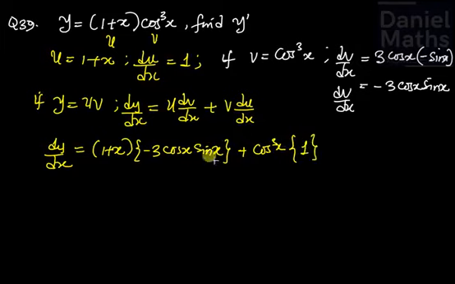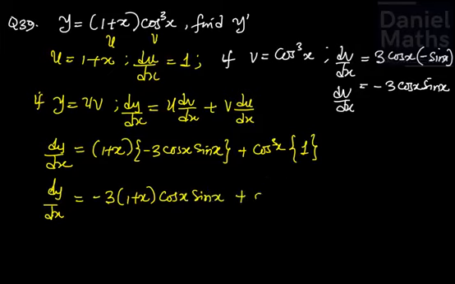So dy over dx is going to give me, multiplying this out, minus 3 times 1 plus x into cos squared x sine x plus cos cubed x. Alright, so this is what I have.